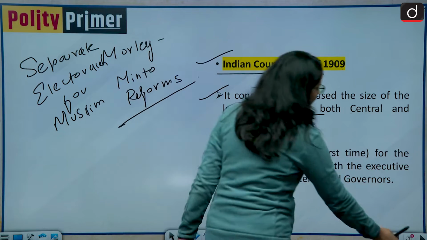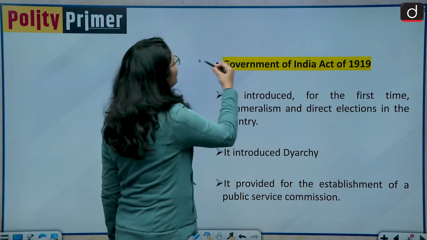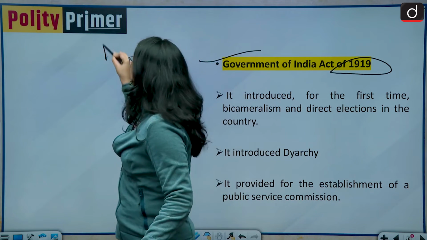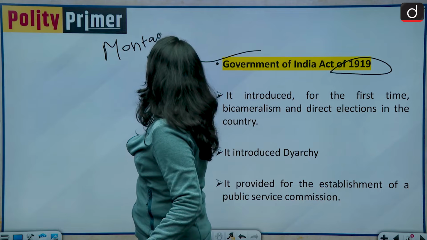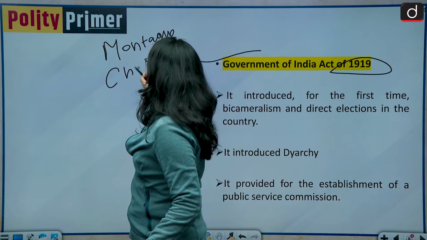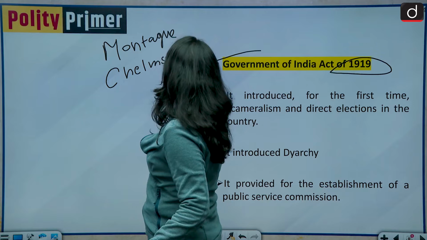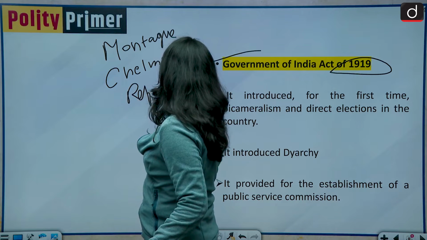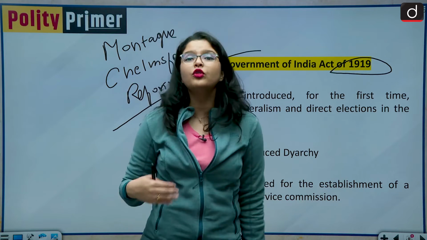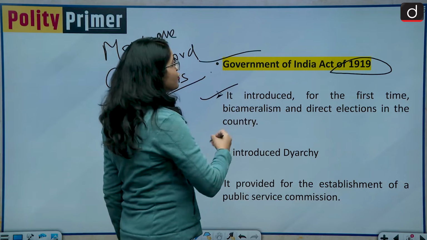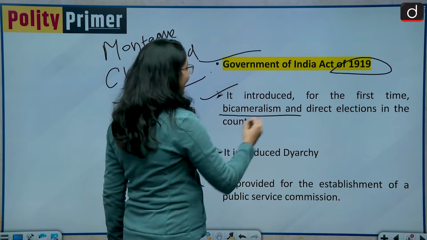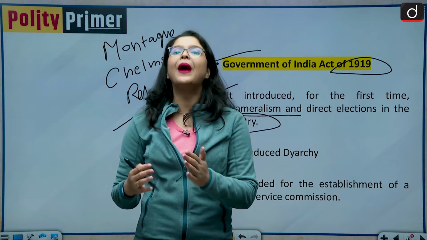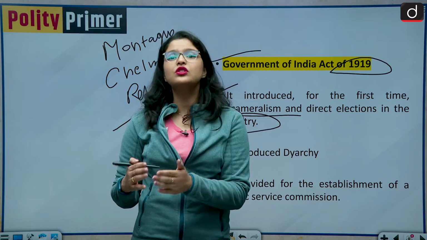Moving forward comes another important act, the Government of India Act of 1919, also known as the Montague-Chelmsford Reforms. What were the features of this act? It introduced for the first time bicameralism and direct elections in the country. For the very first time, it talked about having bicameral houses of parliament.